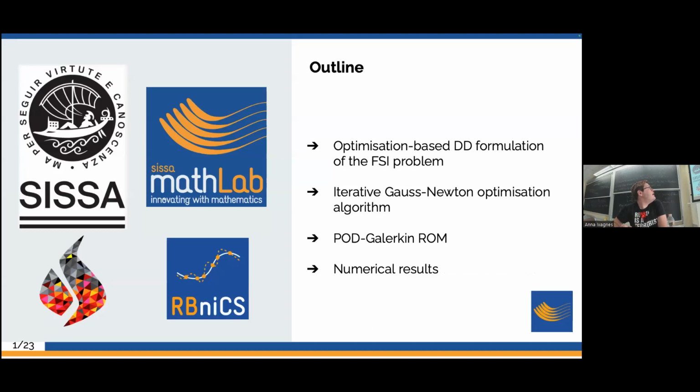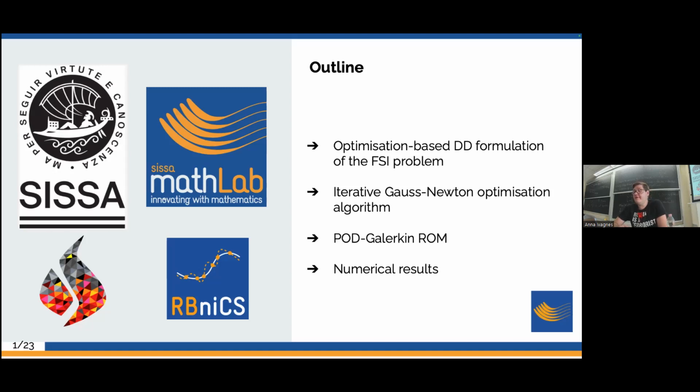The main two packages we used in our numerical simulation are the FEniCS project and the RBniCS package, which is based on FEniCS and which was developed in the MathLab group here at SISSA. The outline of my talk would be the following. First, I will introduce an optimization-based domain decomposition formulation of the FSI problem.